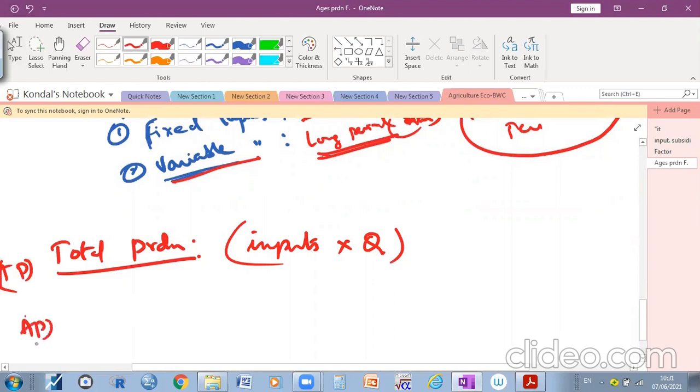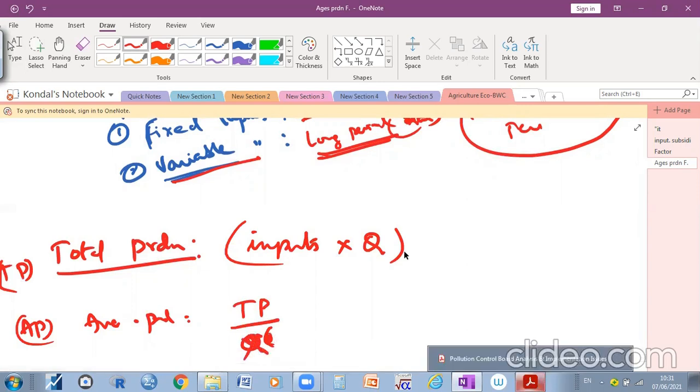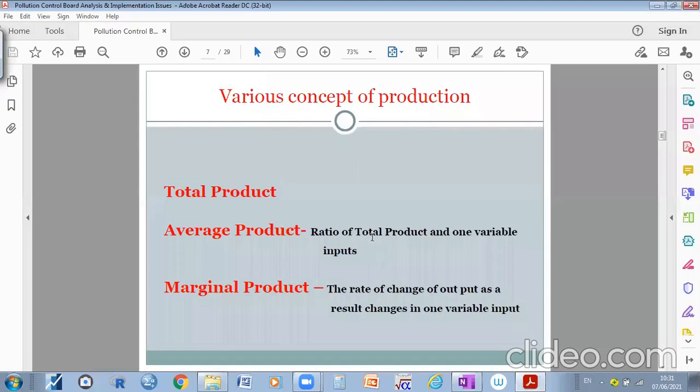What is AP, average production? Average production is total production divided by X or input. Q or quantity, or X, X is nothing but inputs. So it is the ratio of total production and one variable input.